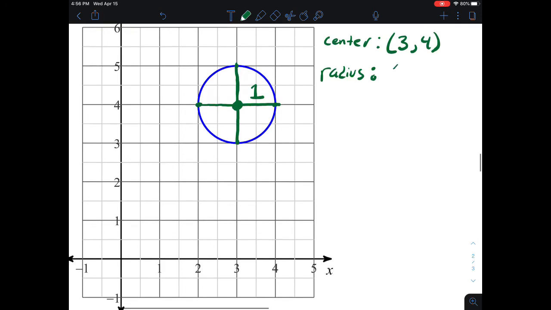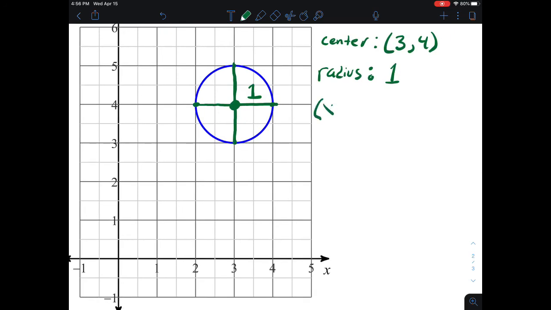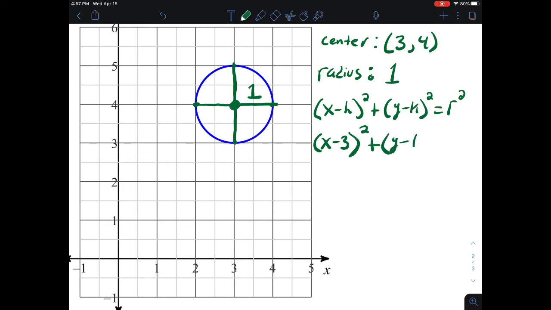Now we have our information to plug into our general form of a circle: (x - h)² + (y - k)² = r². I put all that information in, so we'd have (x - 3)² + (y - 4)² = 1². And there's the equation of our circle from the graph.